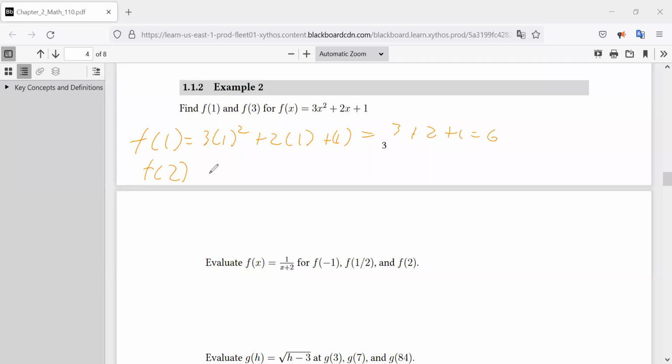What's f of 2 going to be? Or sorry, f of 3. So 3 times 3 squared plus 2 times 3 plus 1. So that would be 27 plus 6 plus 1. Would it be 34? Yep, exactly. Thank you.